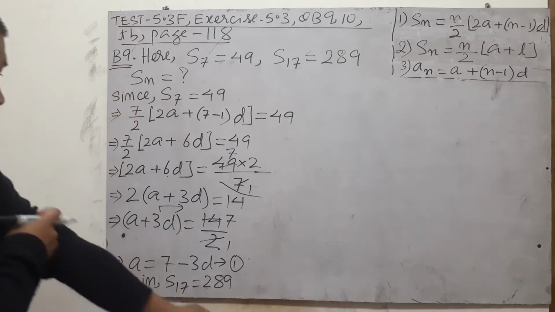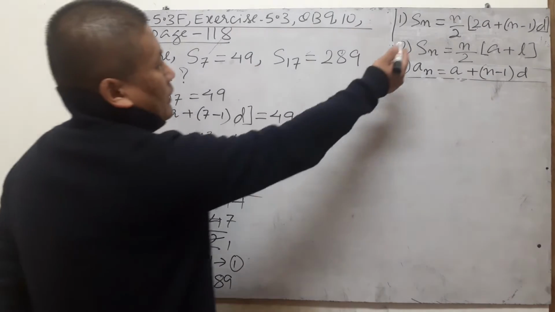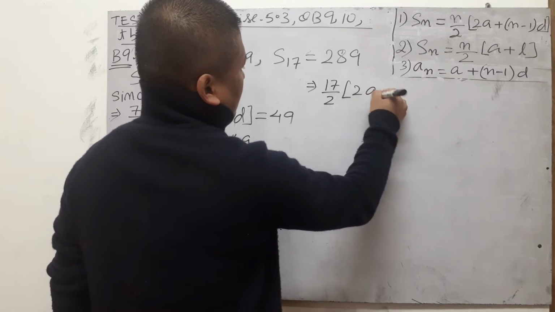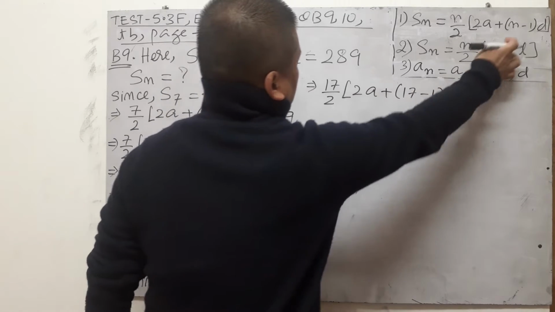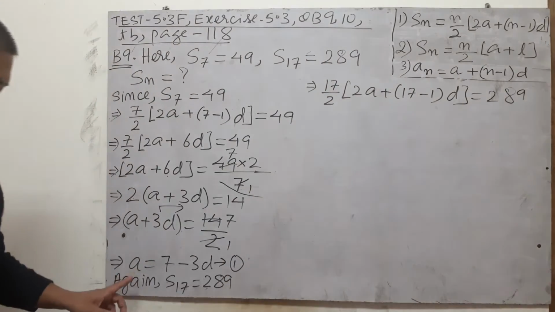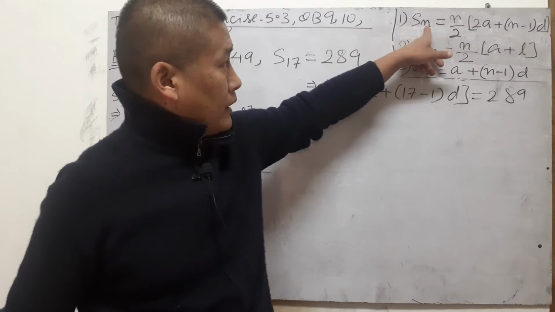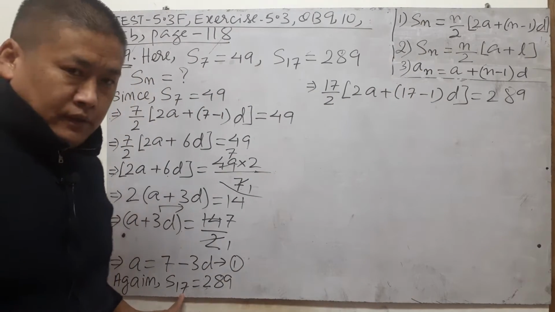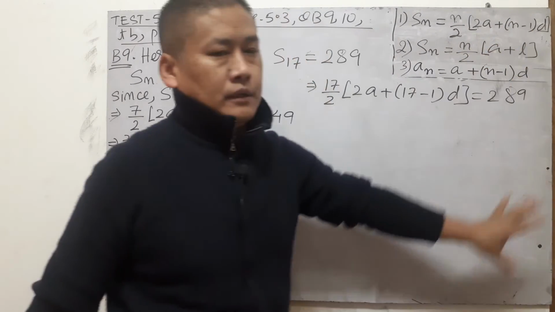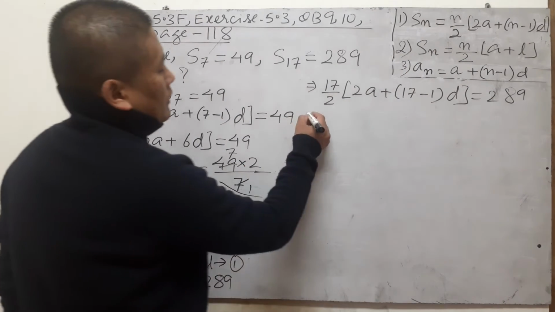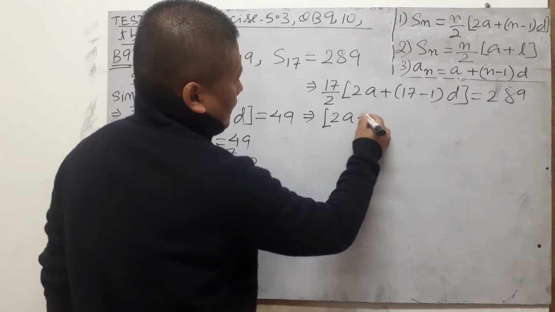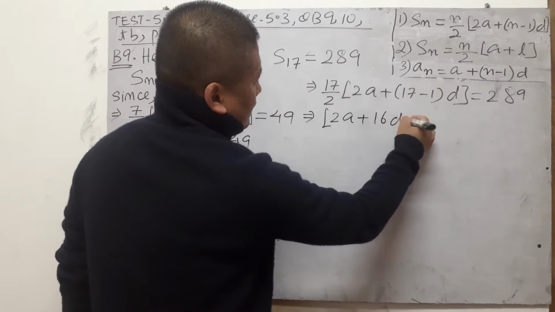Following the same formula, n by 2, n this time is 17, so 17 by 2 into 2a plus n minus 1, 17 minus 1, into d, is equal to 289. We are using the formula Sn, where our specific case n is 17. So it gives 2a plus 17 minus 1, 16d.